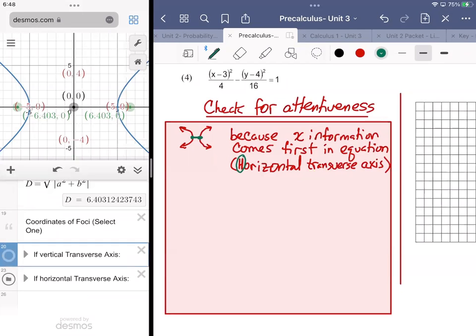All right. So what I would then do is identify the center. The center again is HK, which is going to be 3, 4. The delta X, that's the horizontal displacement.